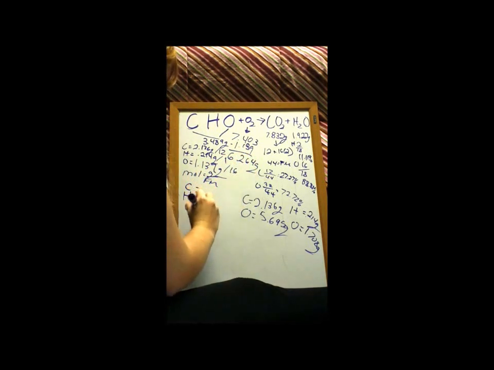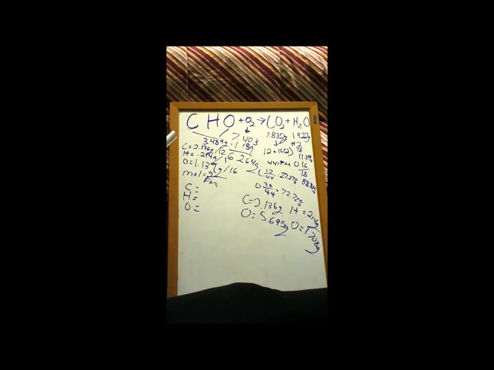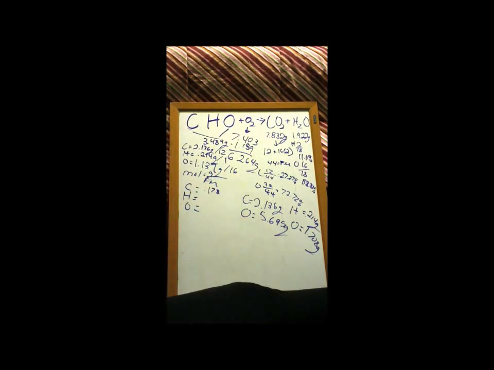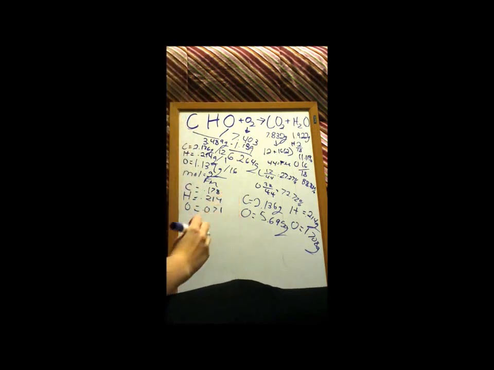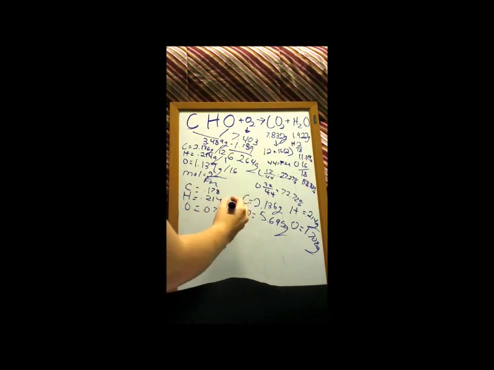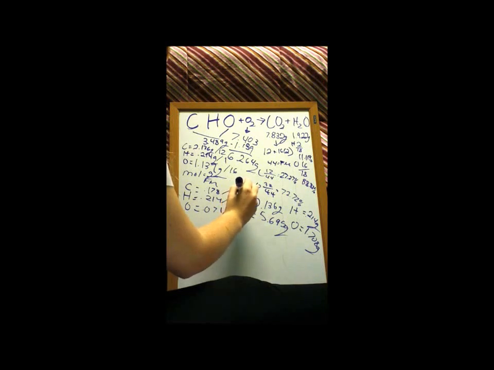And here are our products. So we'll have 2.136 divided by 12 is 0.178. This is the moles of carbon. And then we're going to do 0.214 divided by 1, which will be itself, and 1.139 divided by 16, which is 0.071. And these are each of the moles, and we're going to do a molar ratio to simplify it down, so we'll always divide by the smallest, which will be oxygen. So we'll divide by 0.071 each.